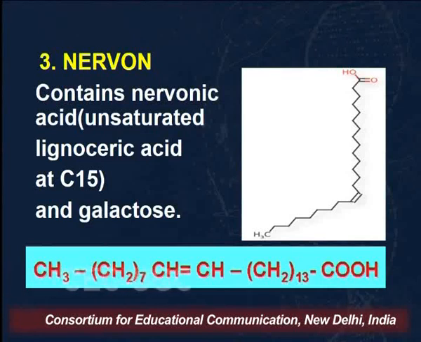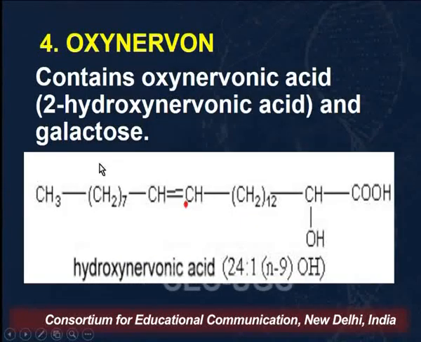Now, the last one is oxynervon. Oxynervon contains oxynervonic acid. That is, in this group, we have 2-hydroxynervonic acid. That is, the hydroxyl group here is at the second position, and we have a double bond at the 15th carbon.